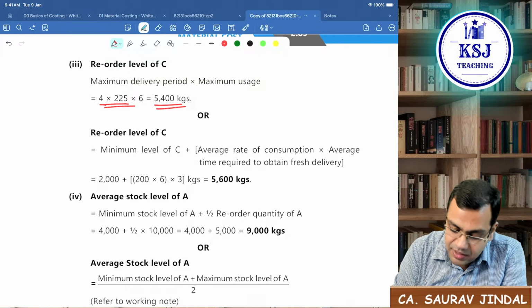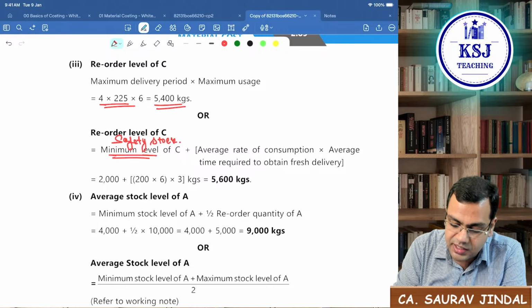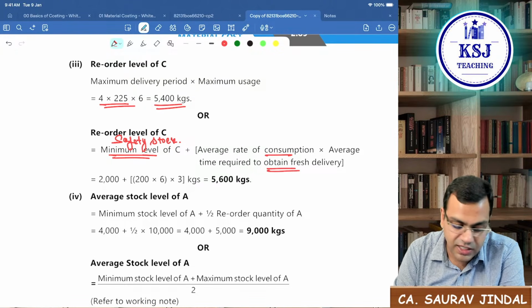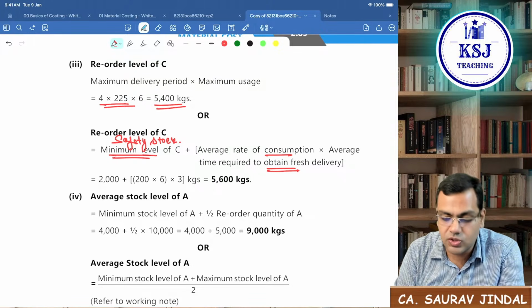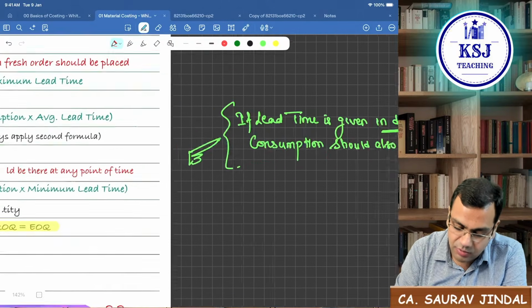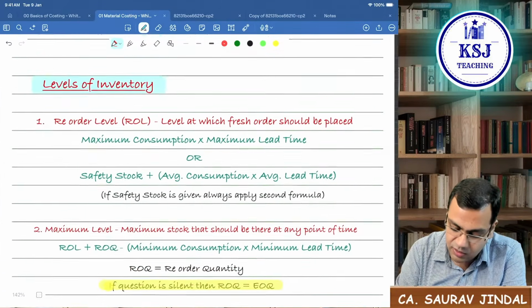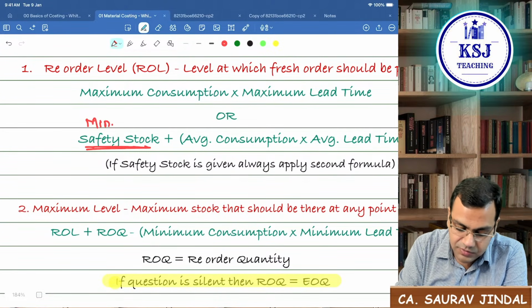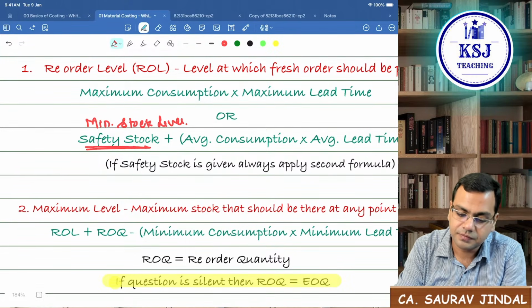Or it can be minimum level of C. This will serve as your safety stock. Remember the other formula that we have used, that is safety stock plus average consumption into average lead time. This also can be used. The formula we have used for ROL, this safety stock, they can also consider it as the minimum stock level. This is the alternative one.